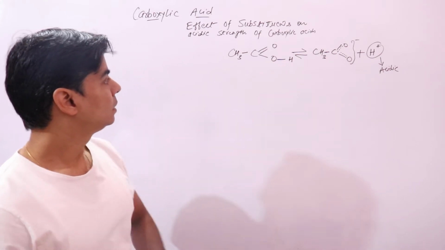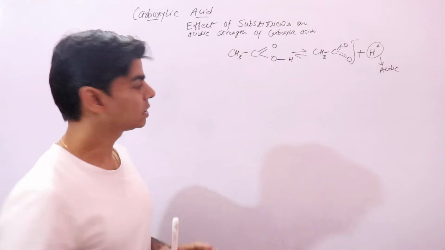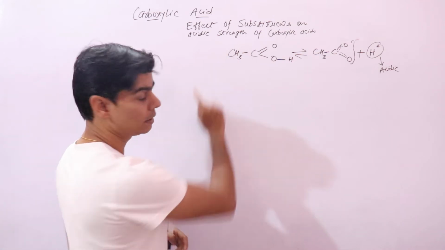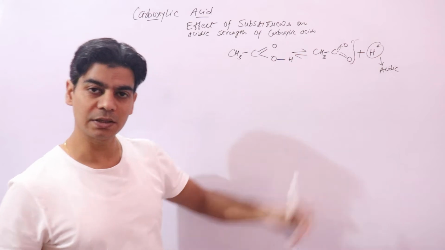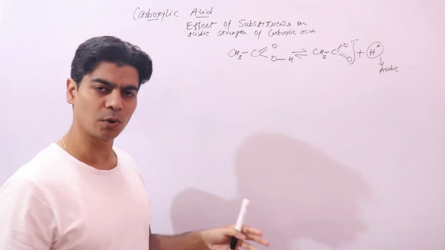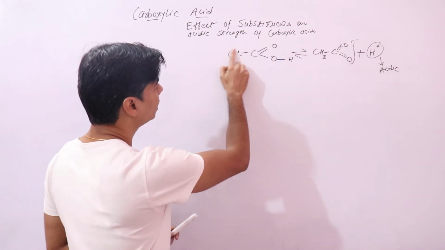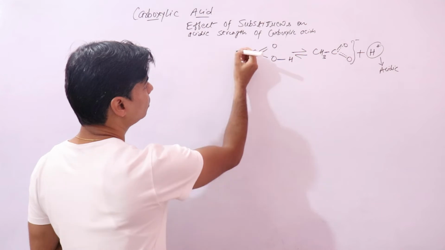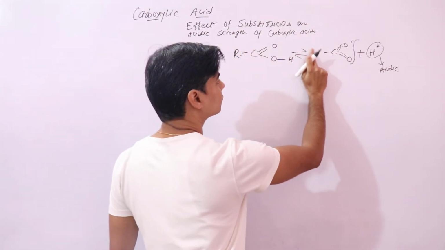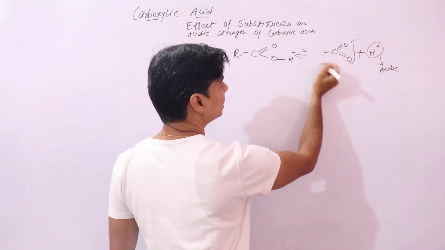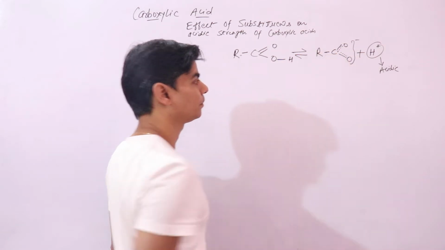Now we'll study how a substituent, in this case this methyl group, affects this. And if you want to write down this reaction for any generic carboxylic acid, we'll take the generic formula. Instead of the methyl group, we'll write R, and in the acetate ion, we also write R, right?